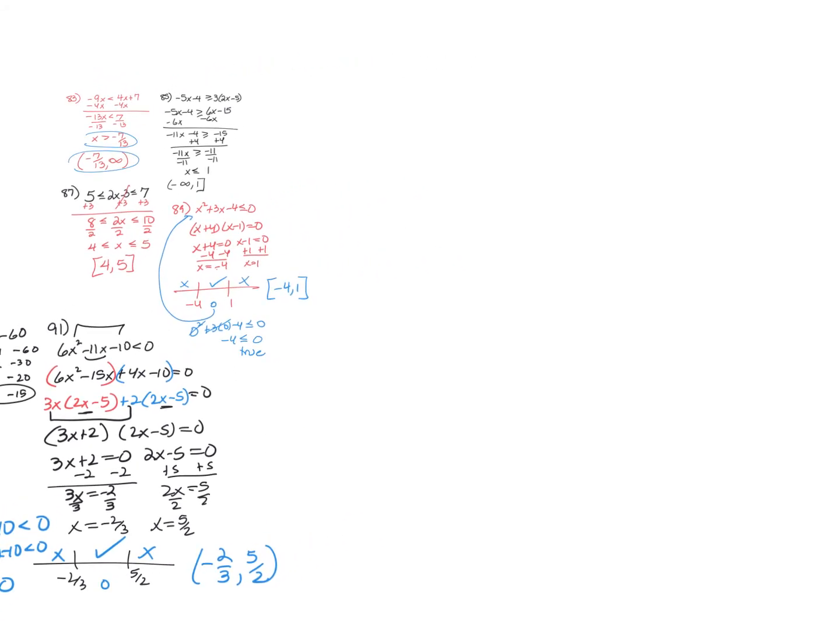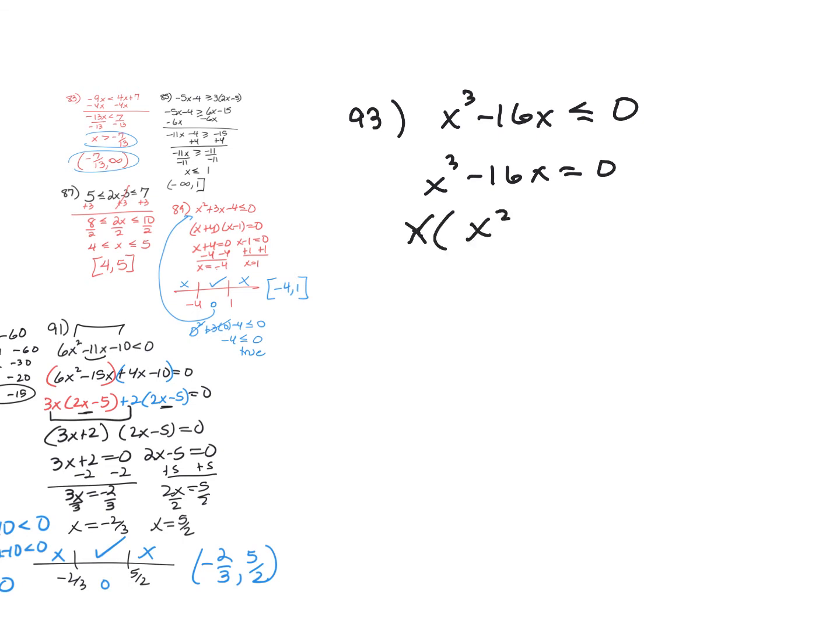So let's do number 93. 93 has x cubed minus 16x less than or equal to 0. So let's solve this as if it's equal to 0. Factor out a GCF of x. I'm left with x squared minus 16.